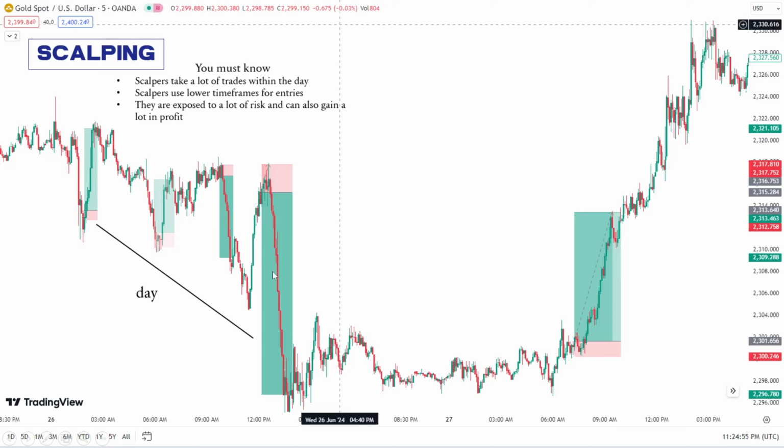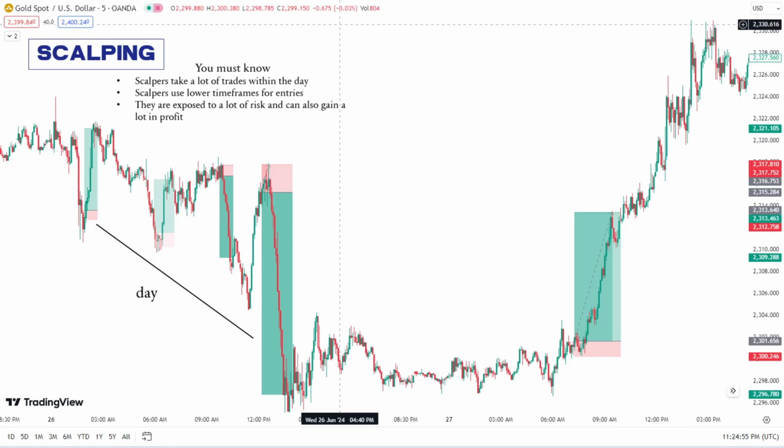He has sold. So what you need to know is within a day, scalpers can take as many trades as they want, so far as it makes sense to them and it goes according to their strategy or their daily plan, right?